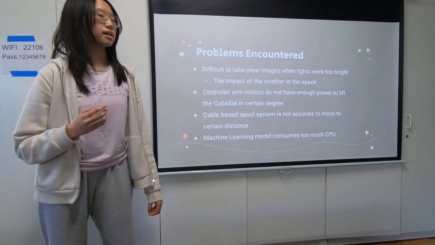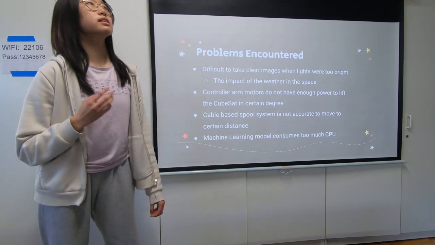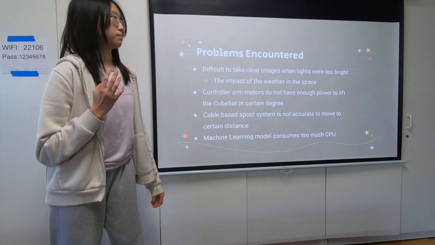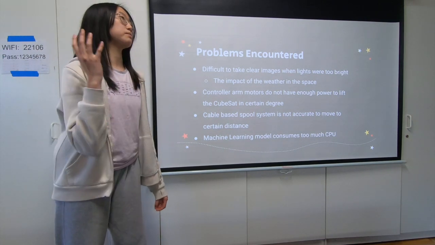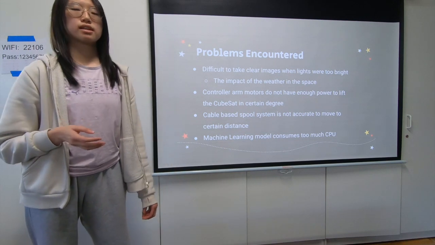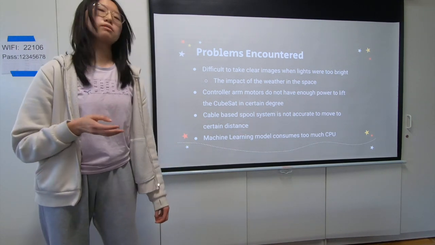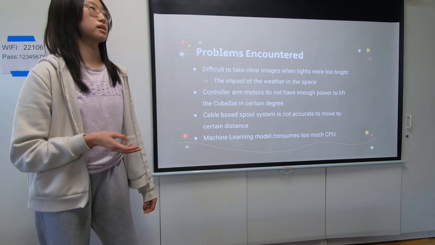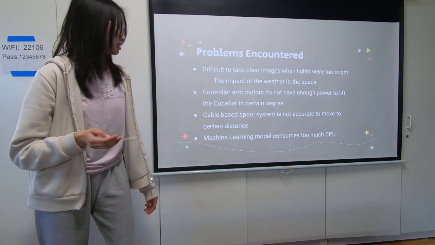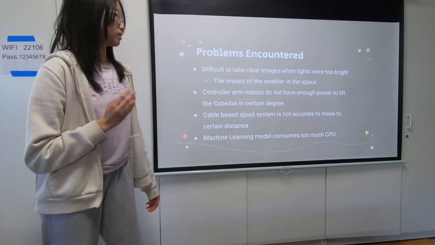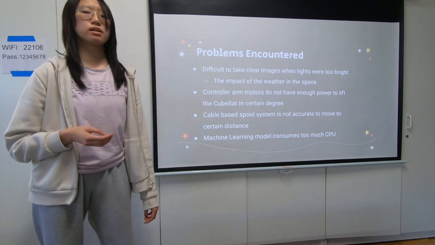Another issue was that using a cable for the cable car system was sort of inaccurate, and it couldn't move the CubeSat to a specific distance. And also the machine learning model consumed too much CPU.